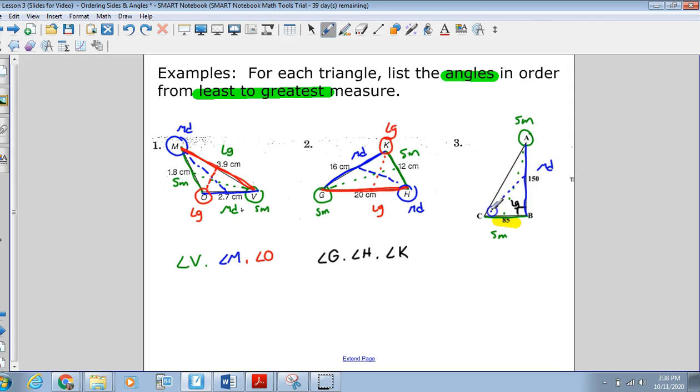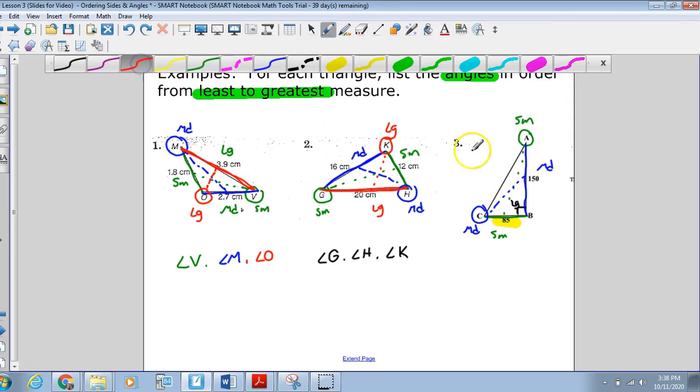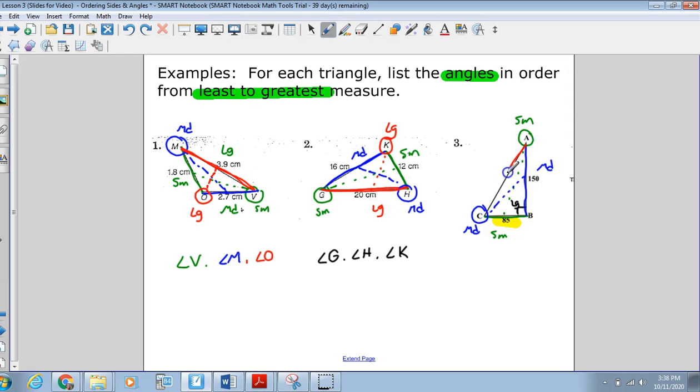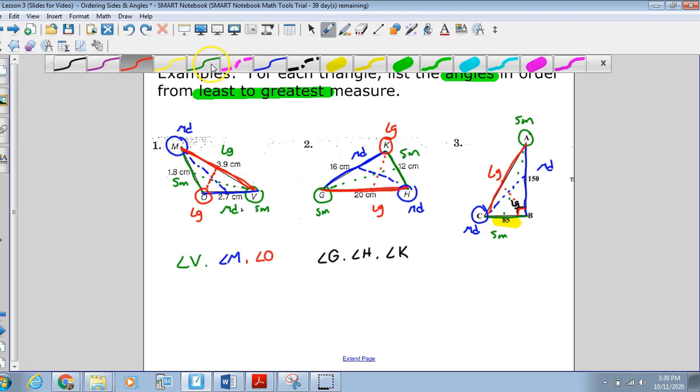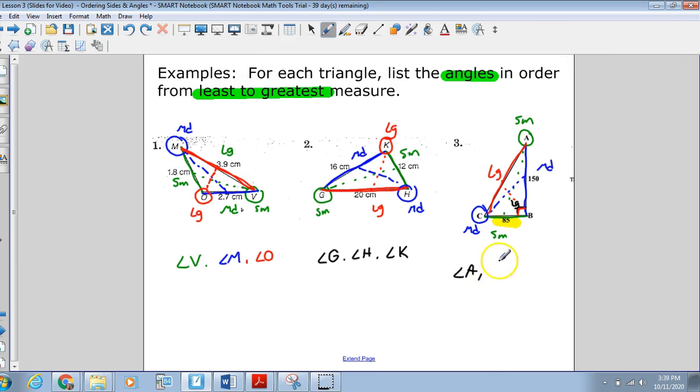Across from that, angle C has to be our medium angle. And then we know that for a right triangle, the hypotenuse has to be the biggest side, that is largest, which means that this 90-degree angle has to be our biggest angle, which fits with what we know about the angles in a triangle adding up to be 180 degrees. So from least to greatest, our smallest is angle A, and our medium is angle C, and our large is angle B.